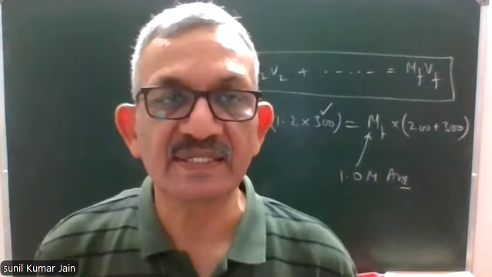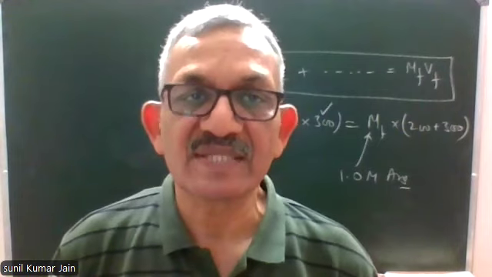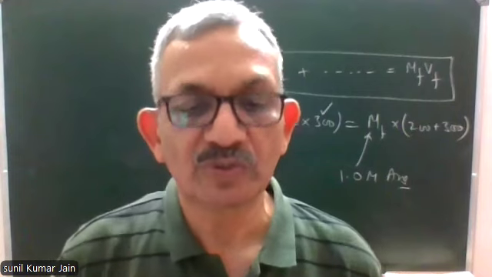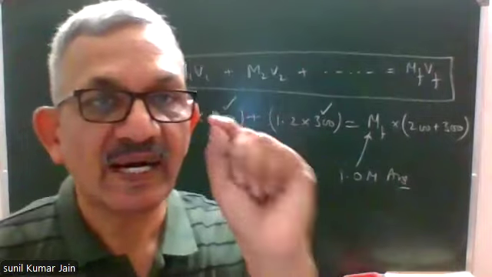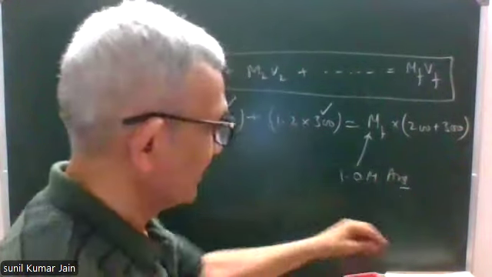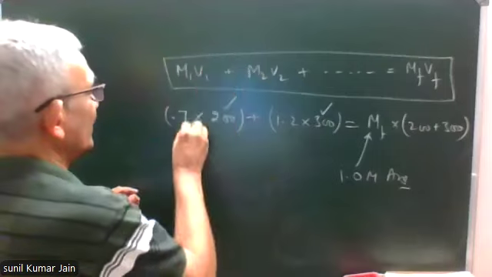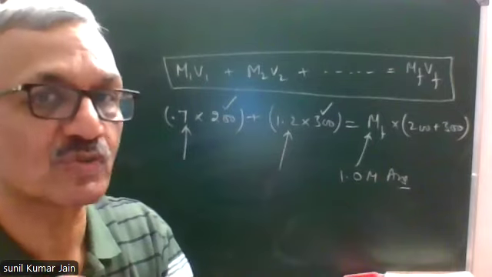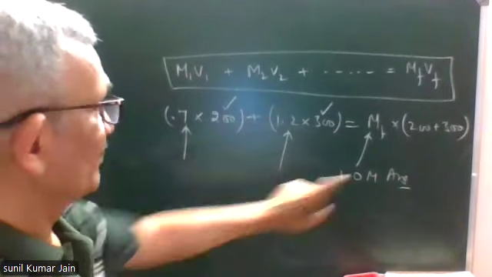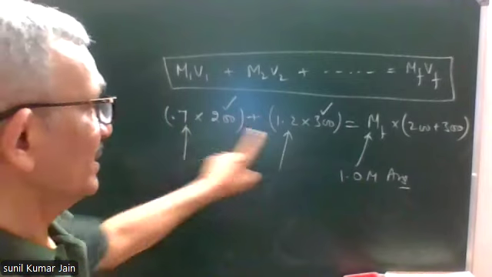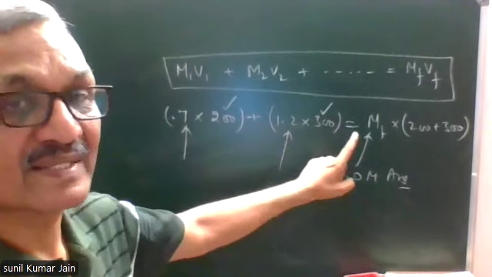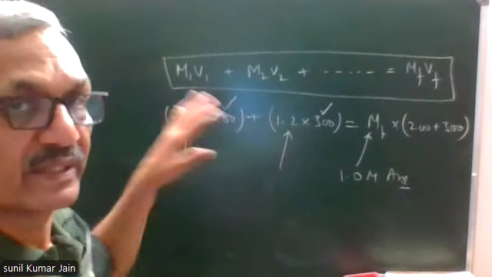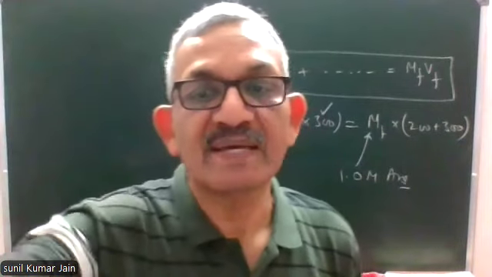Now, in this case, there's one thing which you have to keep in mind. Sometimes when you calculate by using this formula, you should be careful that answer of the final molarity will be in between molarities of solutions which are mixed together. Final molarity will be between 0.7 molar and 1.2 molar. Final answer can neither be more than 1.2, nor be less than 0.7. It's something like this.